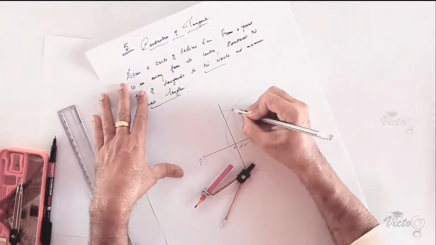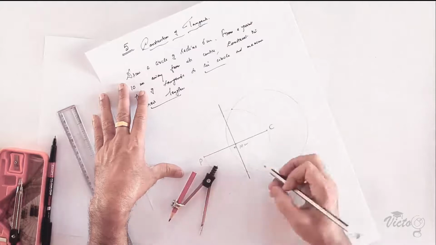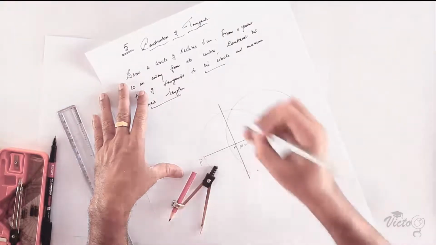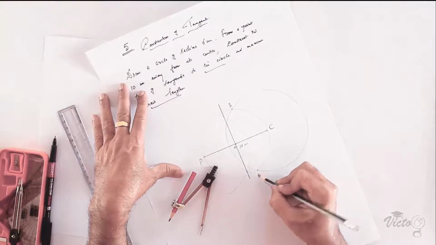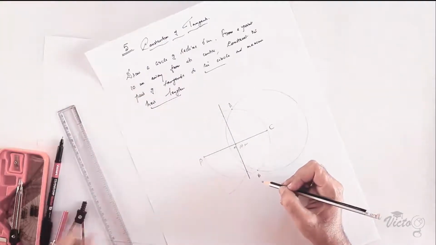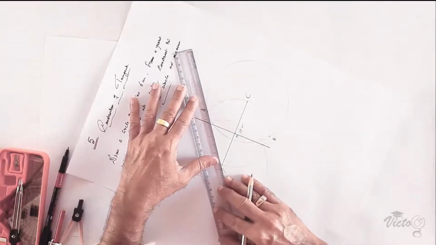Mark the points of intersection of the 2 circles as A and B. This is the point of intersection A and this is the point of intersection B. Now join PA and PB. We will get the 2 tangents.